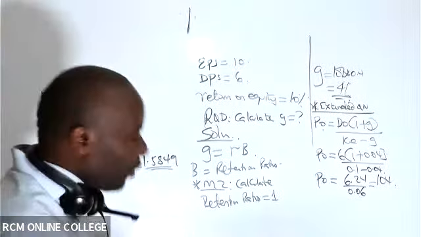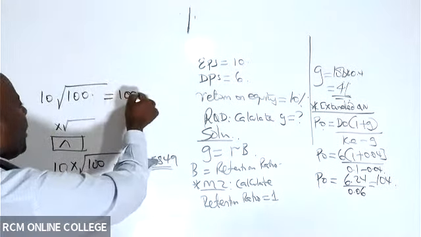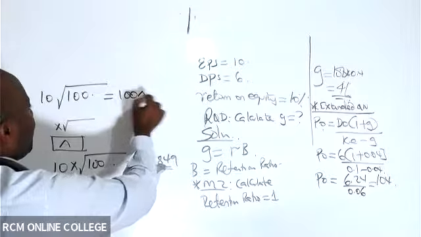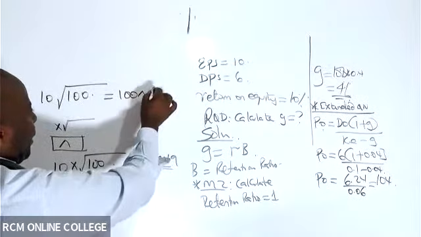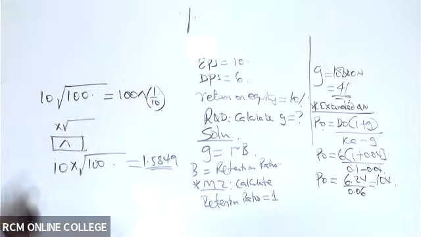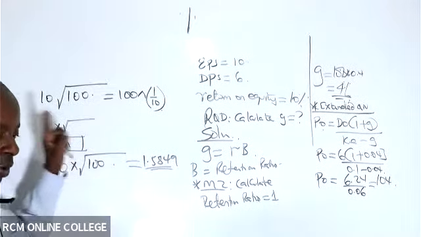If you don't like this method, it will be the same as 100 raised to what, somebody? Raised to 1 over 10. If you don't like this extra thing, you can say 100 and then press the raised-to button directly, raised to 1 over 10.